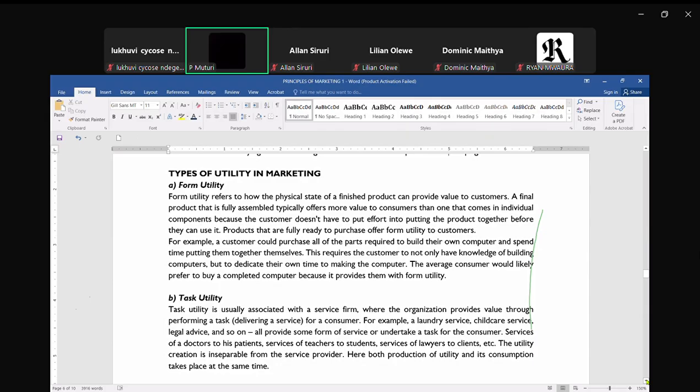So we want to create form utility in marketing. Form utility is how you change the physical state of a product from one state to a more valuable state.